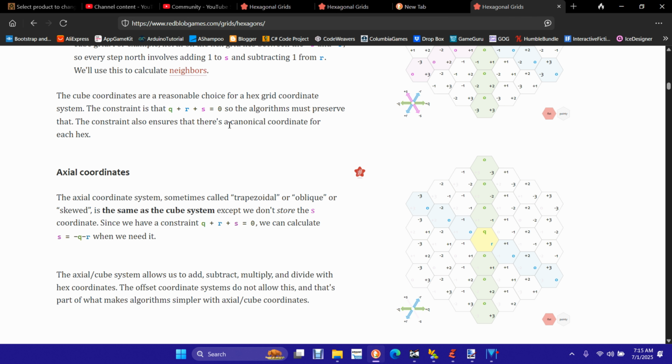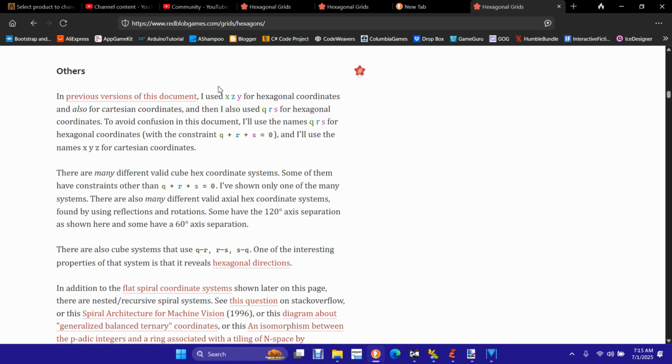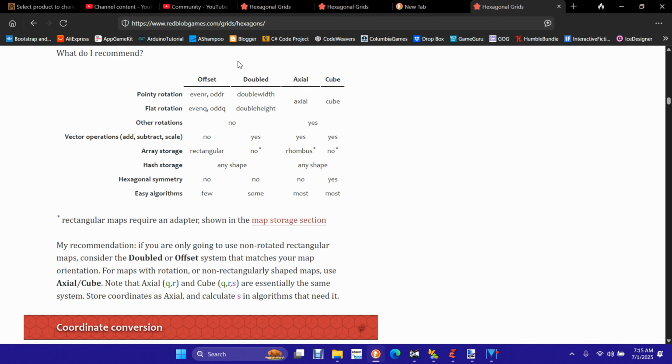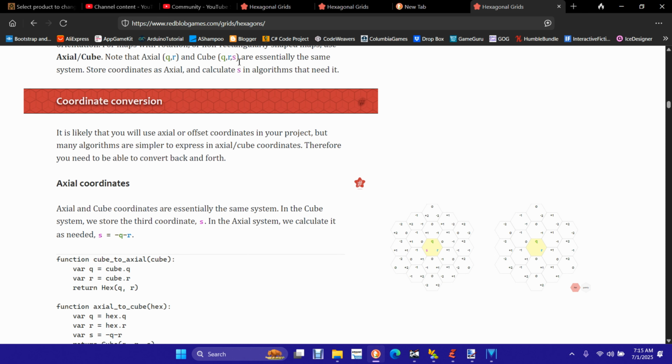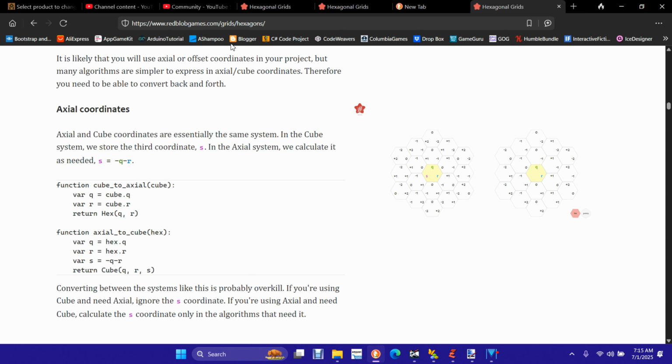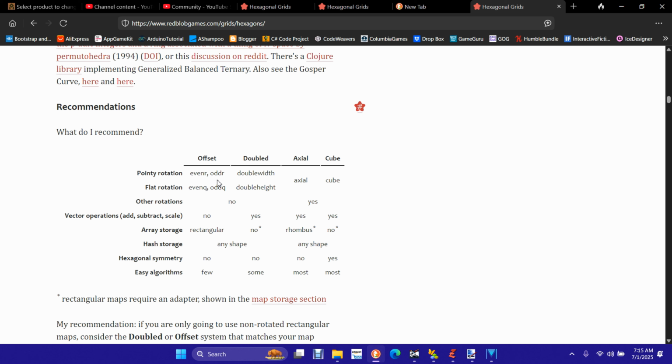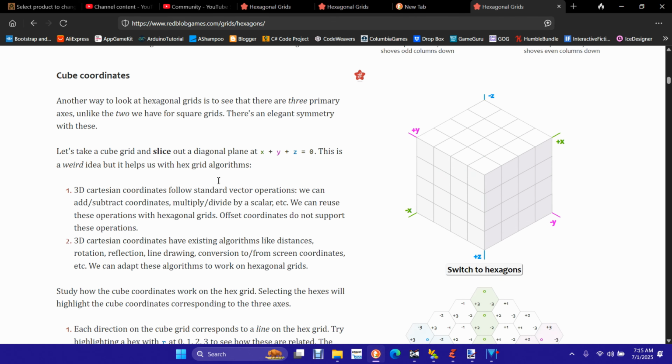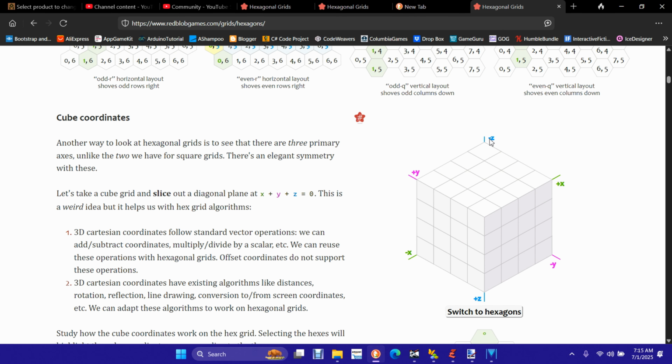as you're trying to move a unit, what hexes are you going through? So, what are the formulas that we actually have to calculate? Now, what he does quite heavily is he has a three-dimensional approach, which is a little on the mind-blowing side, a three-dimensional approach to a hexagon.